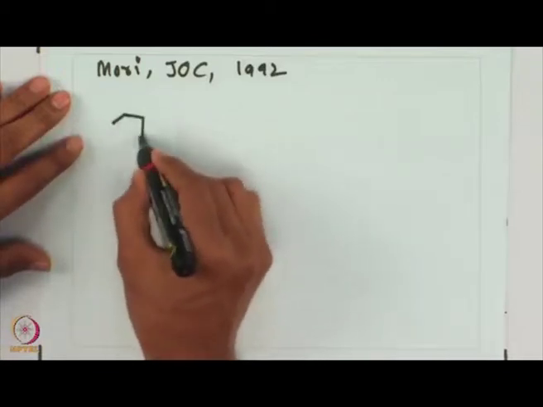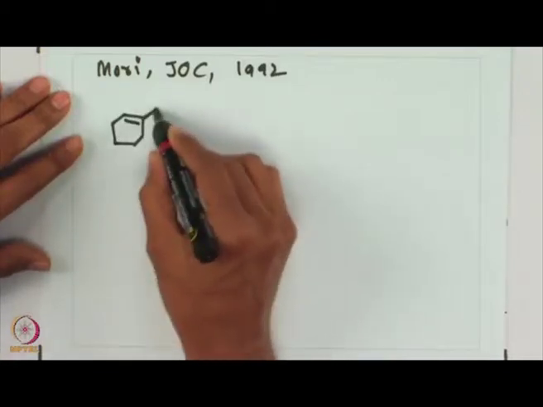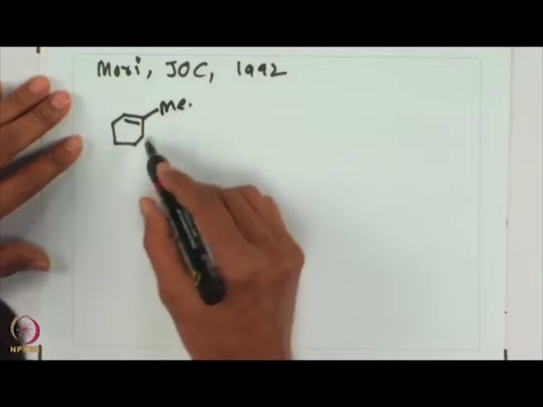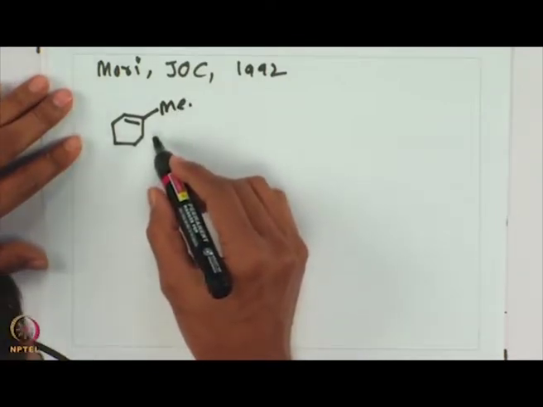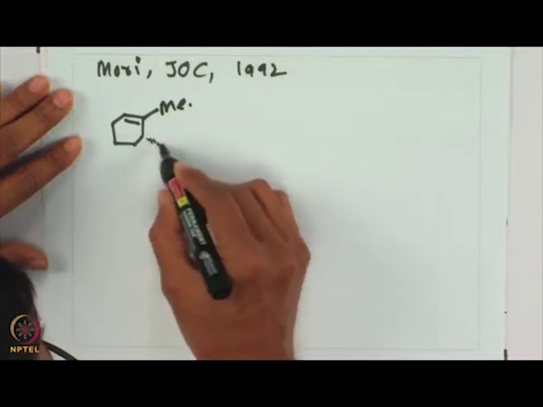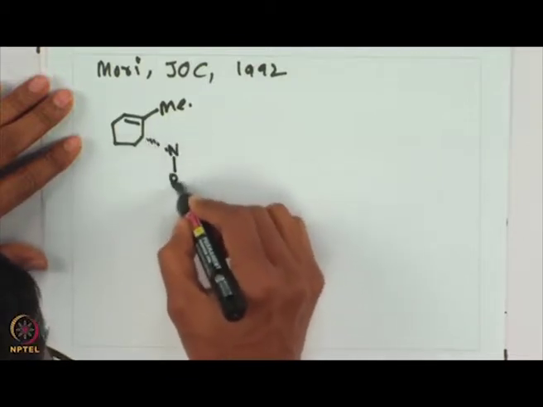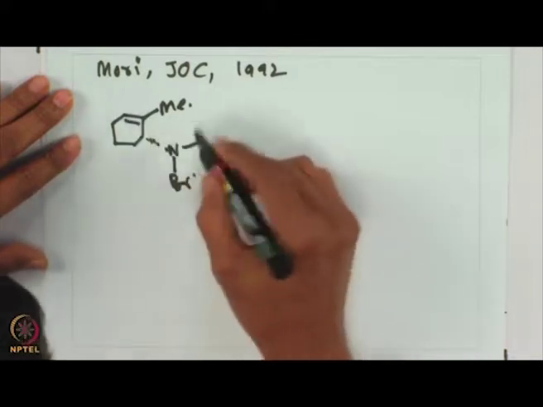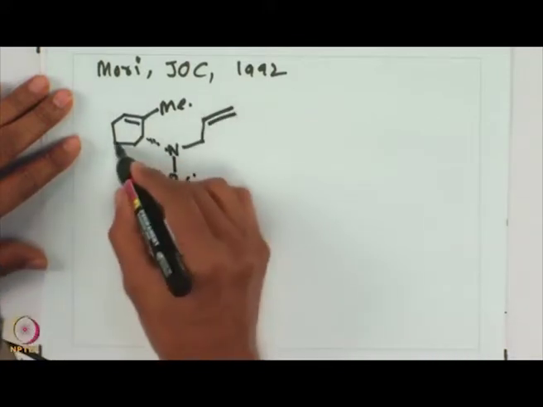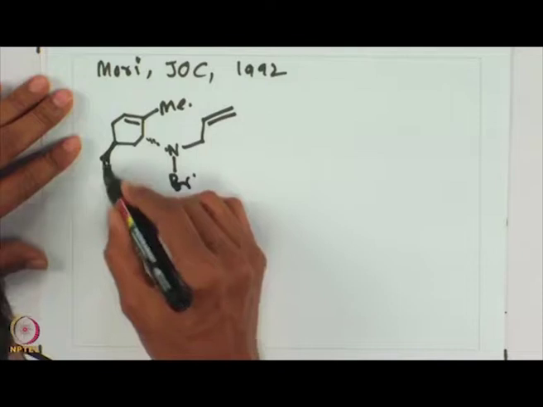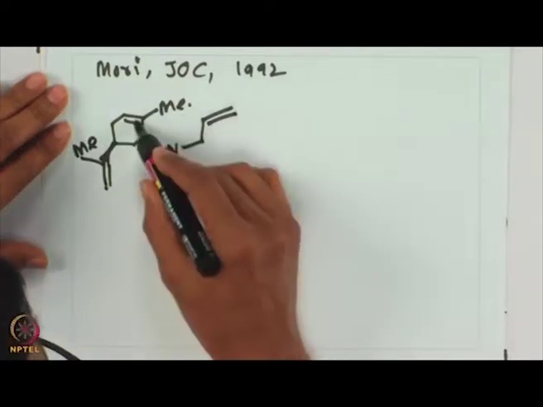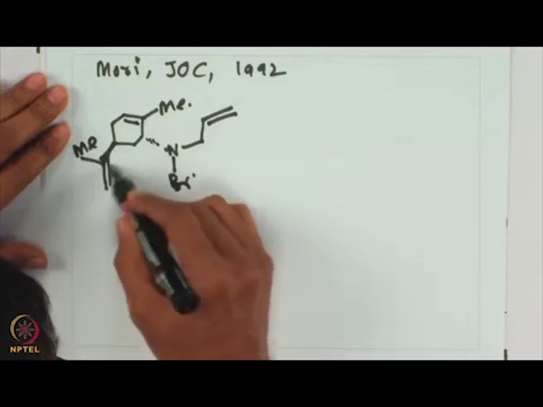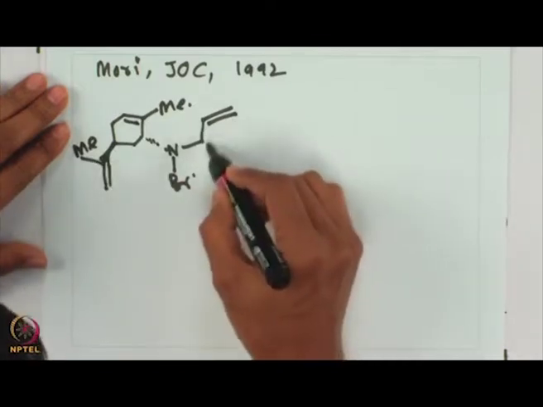The substrate that we have in hand is the one where we have a terminal alkyne, one less substituted and another more substituted, and another internal alkyne as you see in here. We have this substrate, we have terminal olefin and internal olefin, but this is disubstituted, this is monosubstituted.